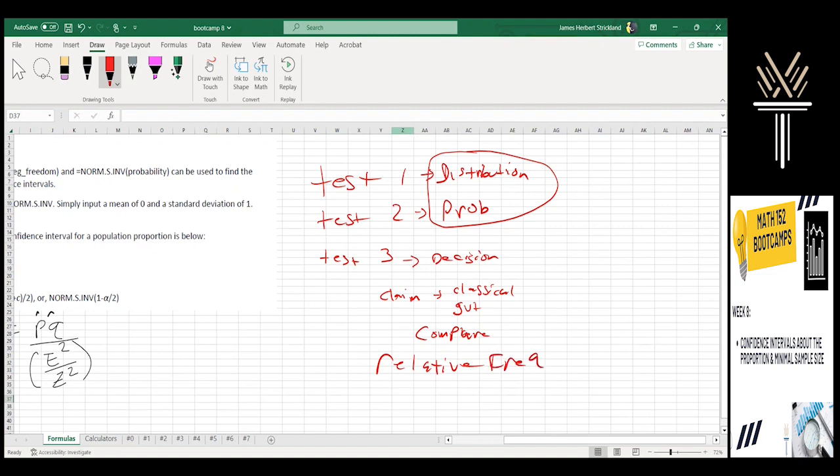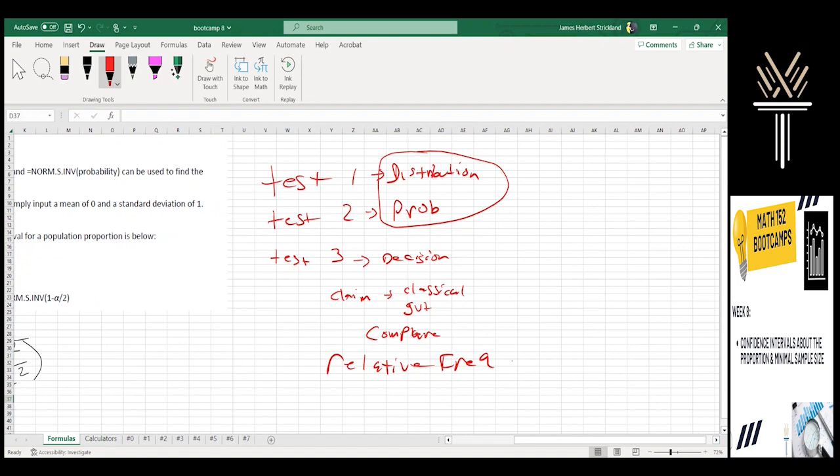Because one thing we learned in test 2 is that a relative frequency approaches the true center. Obviously, the bigger and bigger the sample is, the closer it is to the real population center.